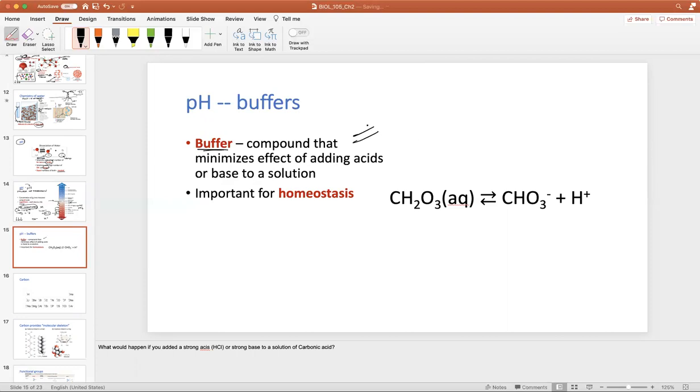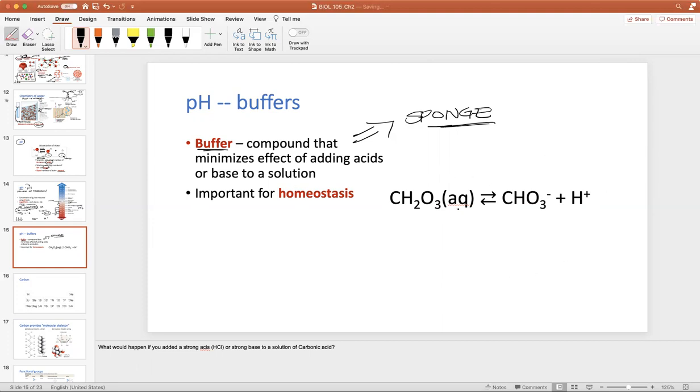I like to think of it as a sponge, okay? It is something that can absorb hydrogen ions and keep the acidity of the solution fairly constant. And similarly, it can absorb hydroxide, negative ions, and keep the pH pretty constant, okay?